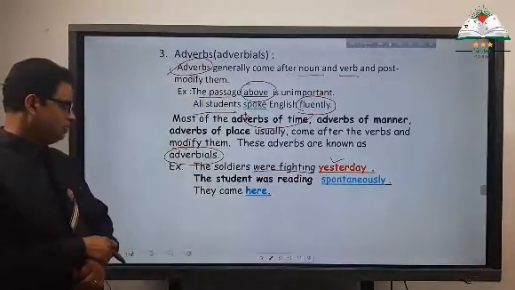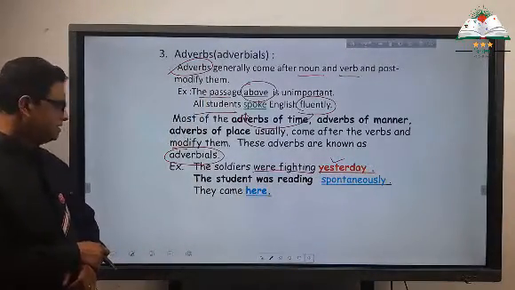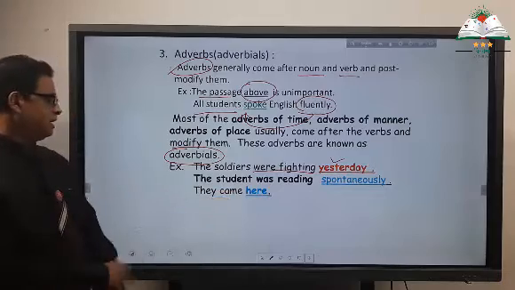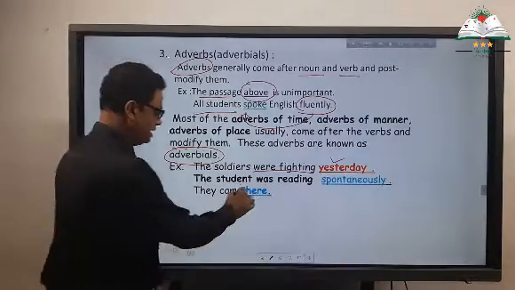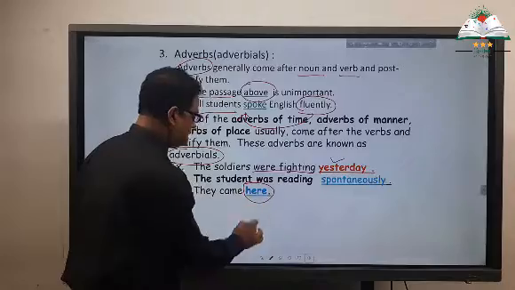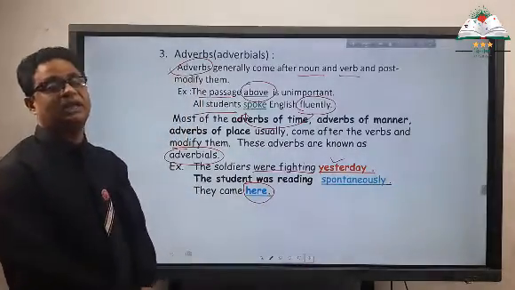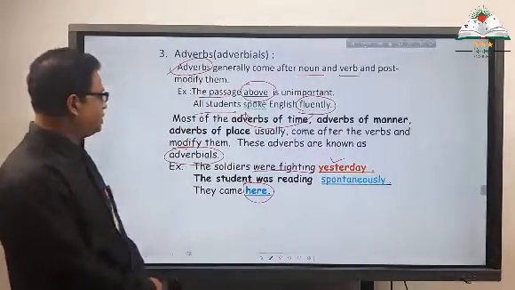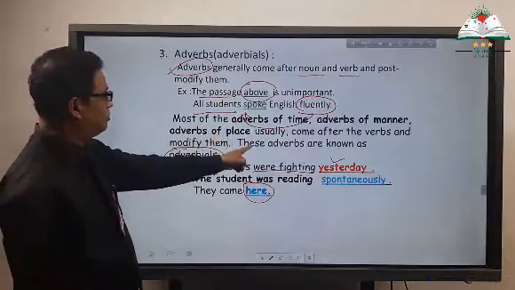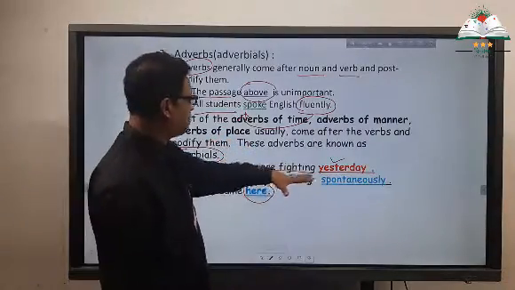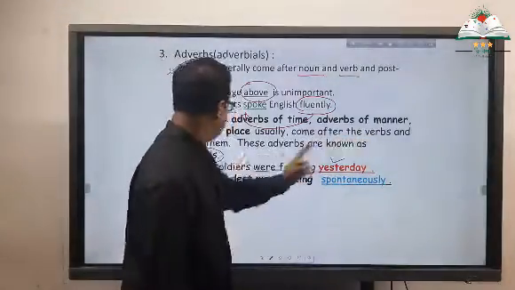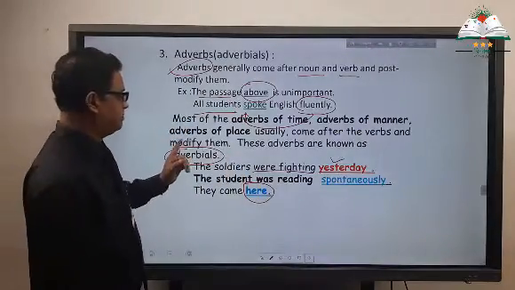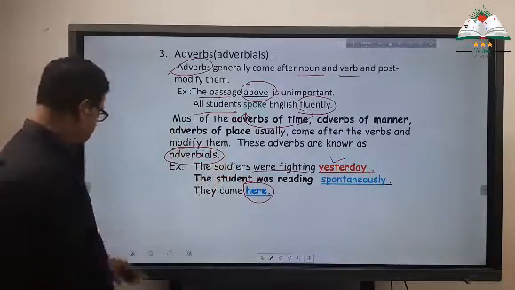Come to the third example, and that is an adverb of place: they came here. So, the word here indicates what? Adverb of place. So, it becomes clear to all of you that an adverb is being used here after the verb and modifying it. They are called adverbials.